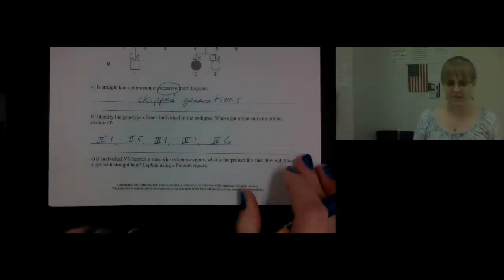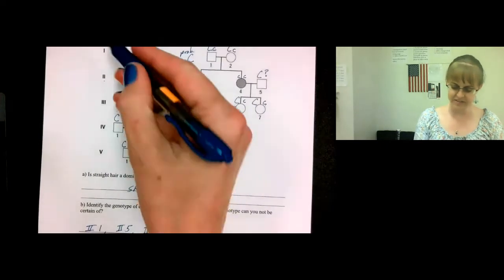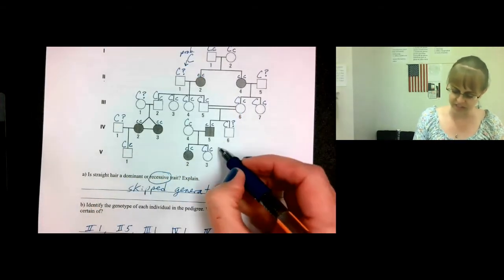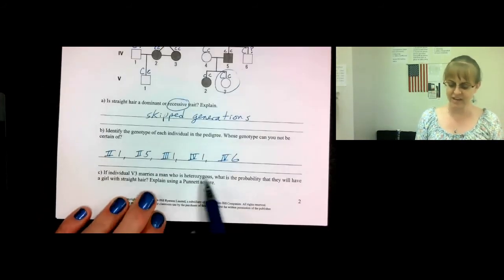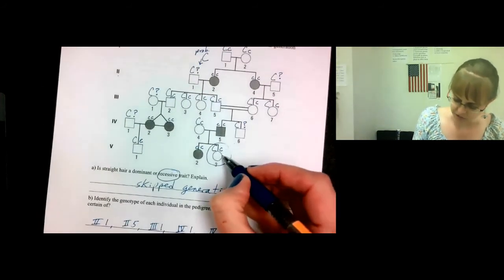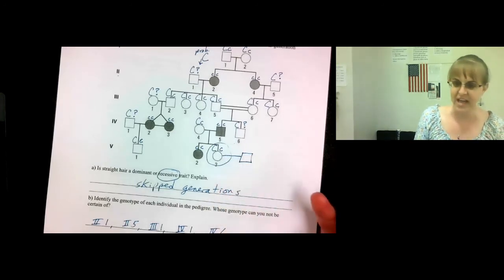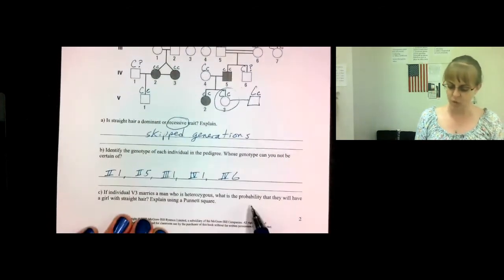Letter C. If individual V3, okay, V3, V5, 3. So if this individual marries a man who is heterozygous, one capital, one lowercase, what is the probability that they will have a girl with straight hair?